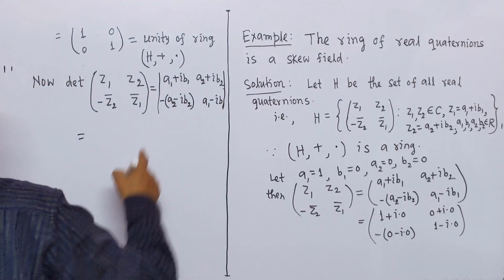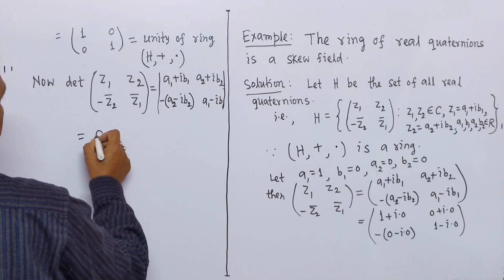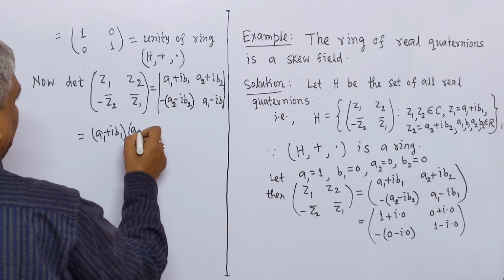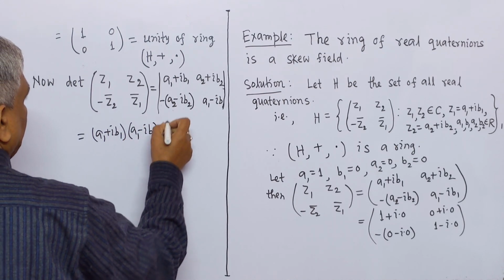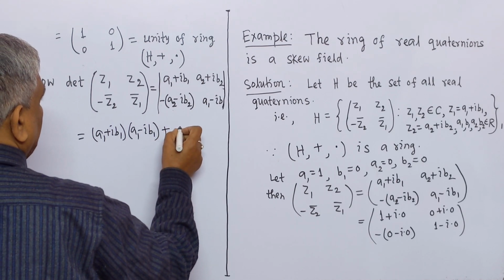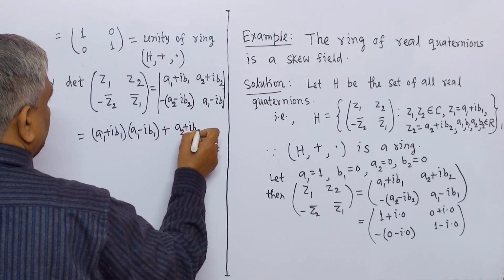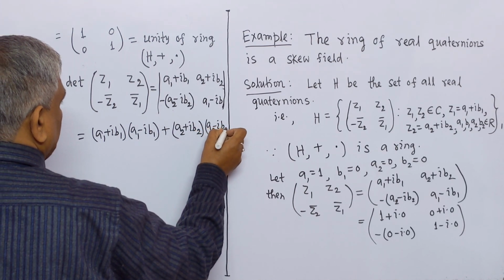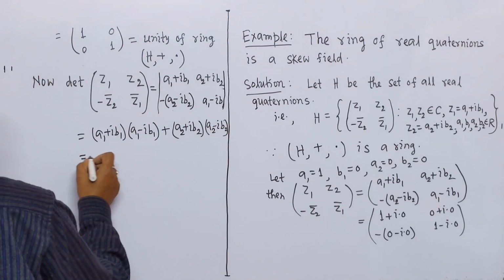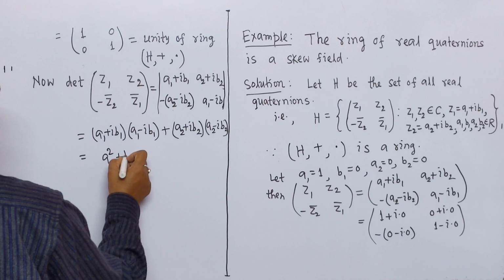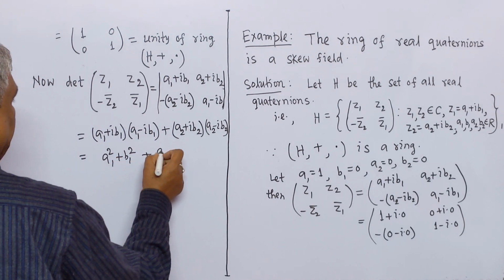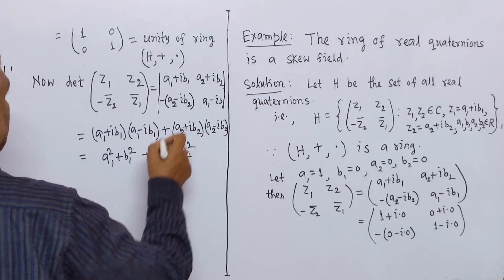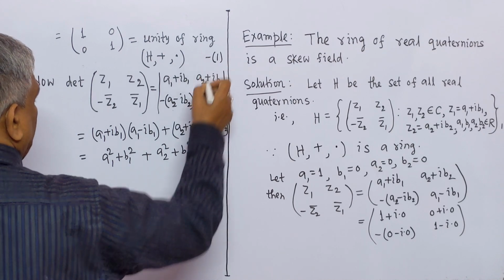This equals (A1 + iB1)(A1 - iB1) + (A2 + iB2)(A2 - iB2). This is equal to A1 squared + B1 squared plus A2 squared + B2 squared. Let this be number 1, and this be number 2.